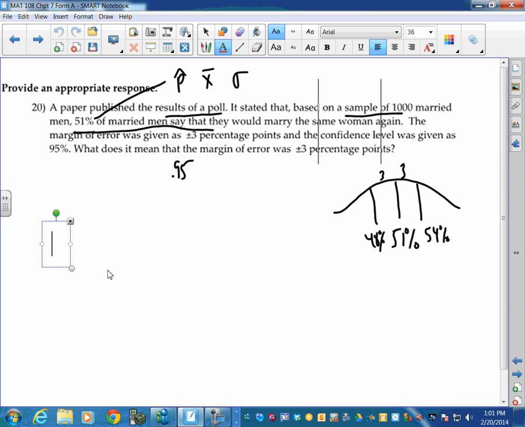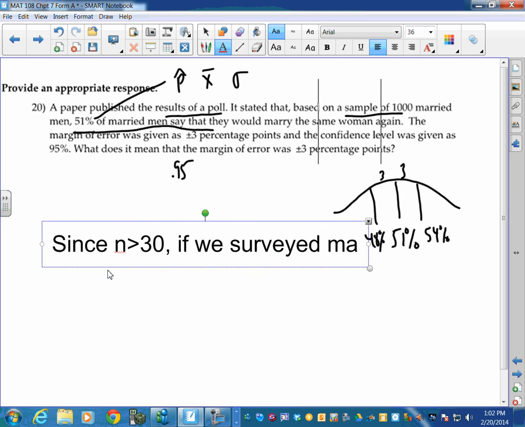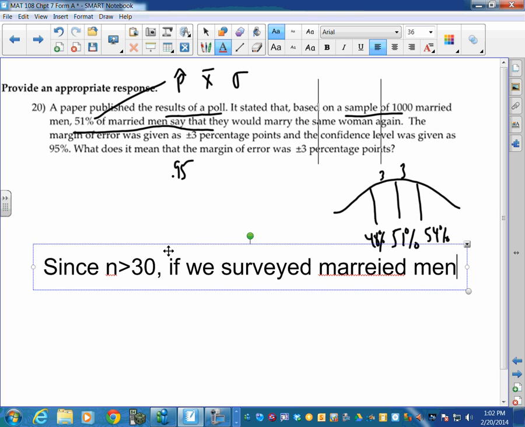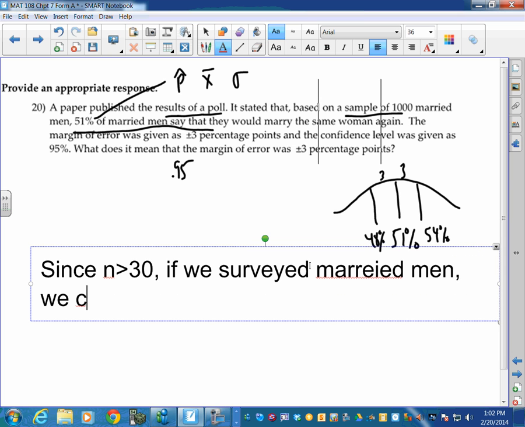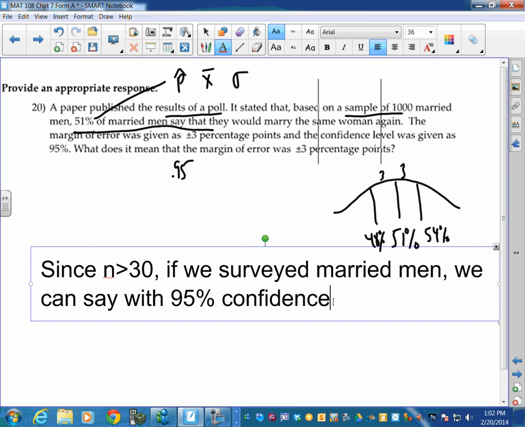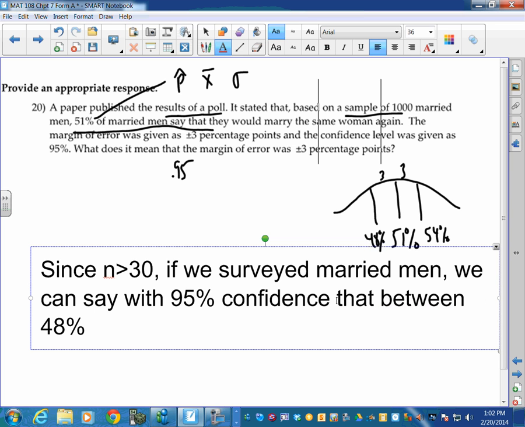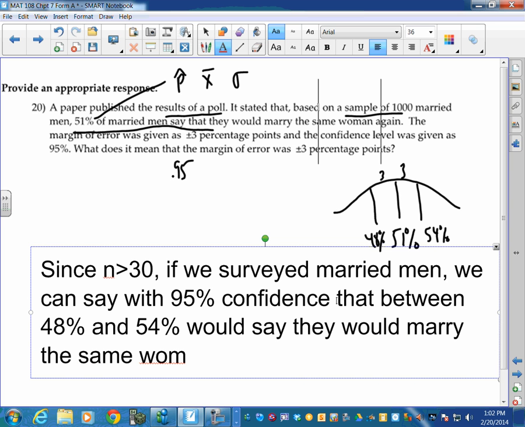Since we have 1,000 married men, and n is bigger than 30, if we surveyed married men, we can say with 95% confidence that between 48% and 54% would say they would marry the same woman again.